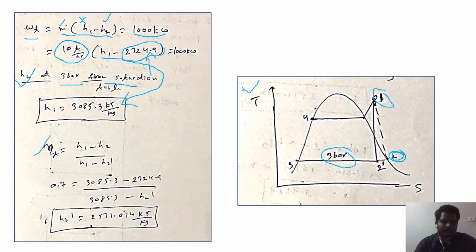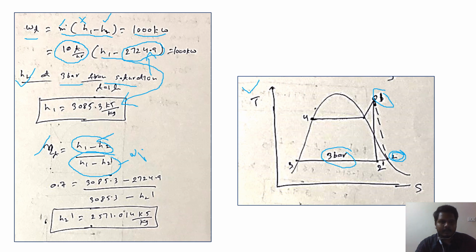We know the isentropic efficiency of the turbine is H1 minus H2, which is work done by the actual turbine, divided by H1 minus H2 dash, which is work done by the ideal turbine.